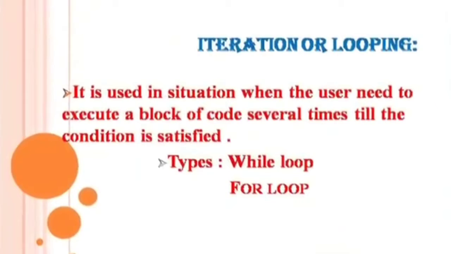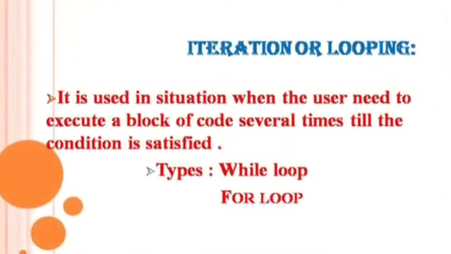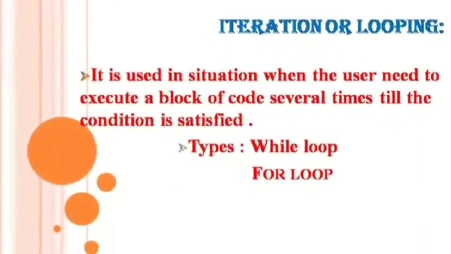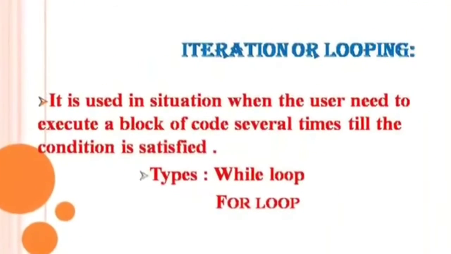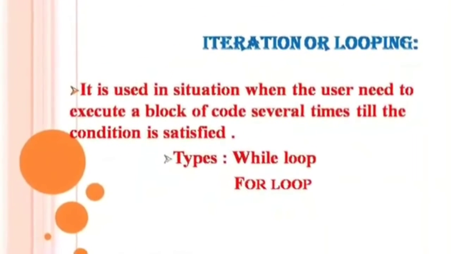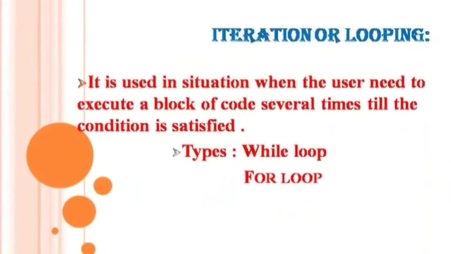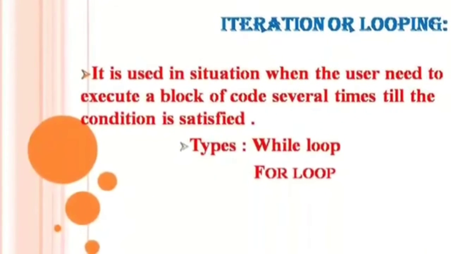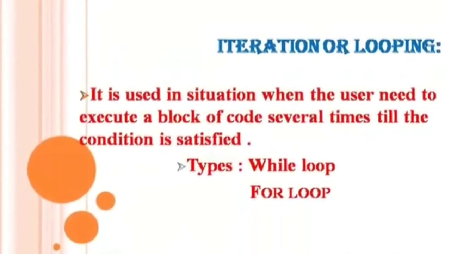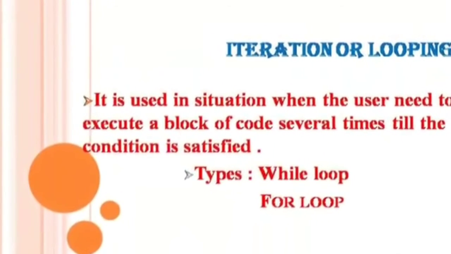First one we have is iteration or looping. It is used in situations when the user needs to execute a block of code several times till the condition is satisfied. Types of loop are while loop and for loop.